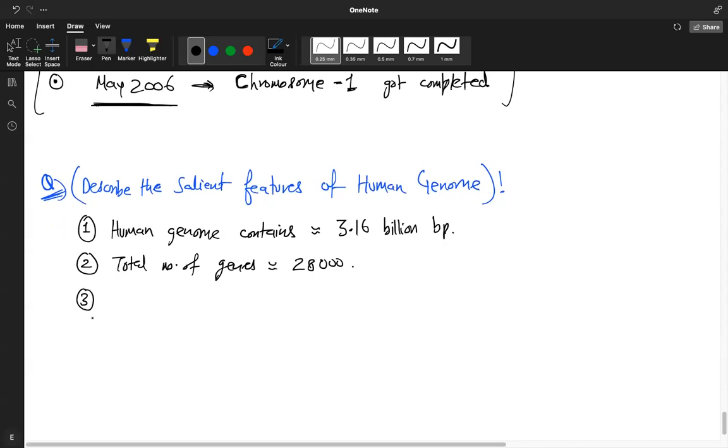And third, the average gene, like the average length. Average gene contains around 3,000 base pairs or bases.